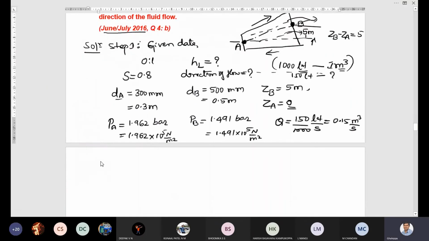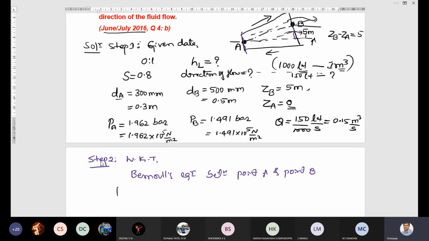We know the Bernoulli's equation between two ends, this is inlet, this is outlet, between point A and point B.